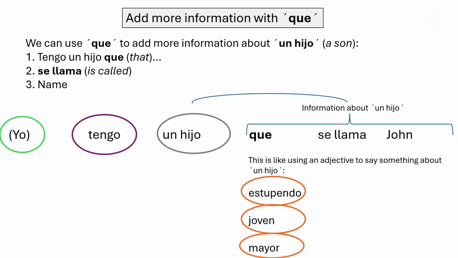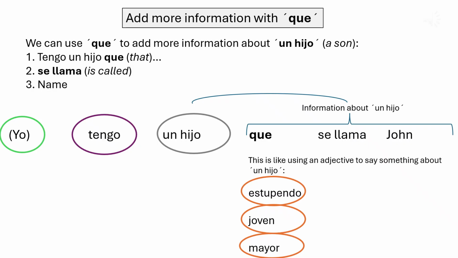This is like using just an adjective. So this is the same information we have in the previous page, but I wanted to show you that you can just have one single word describing the son in this sentence. Yo tengo un hijo, I have a son, and now I want to say something about him. It could just be simply estupendo. I've got a wonderful son.